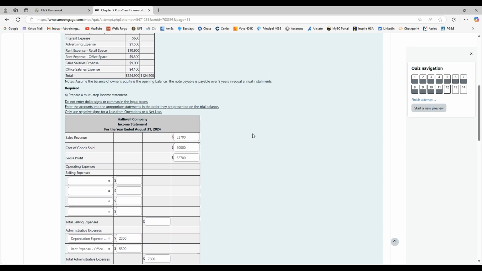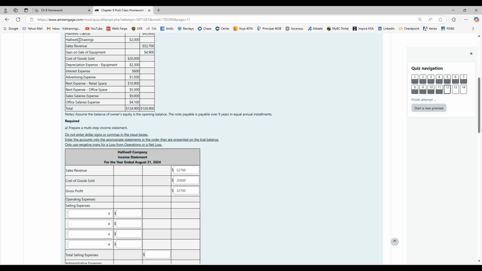And then we've got different selling expenses. And so let's just take a look and go through those. So advertising expense would be one of those, kind of a selling expense, right? You have to advertise your stuff to sell it. We've got rent expense for our retail space. So again, that's where the goods that we're selling is housed. And then I feel like I'm missing one here because there's an extra space. Advertising, retail space, and sales salaries.